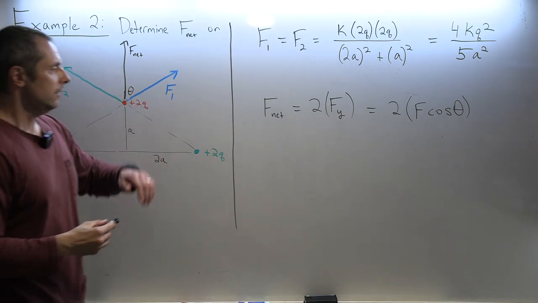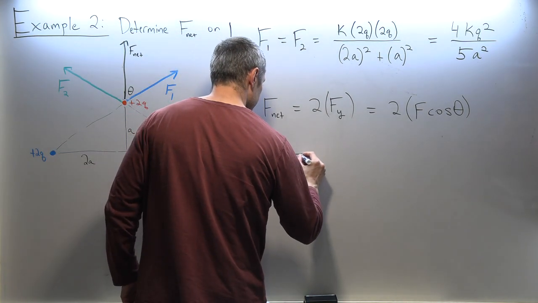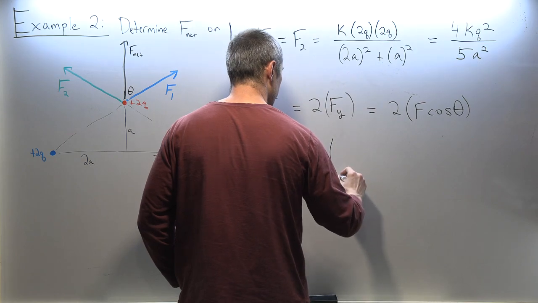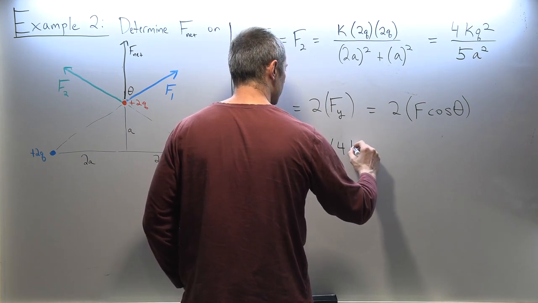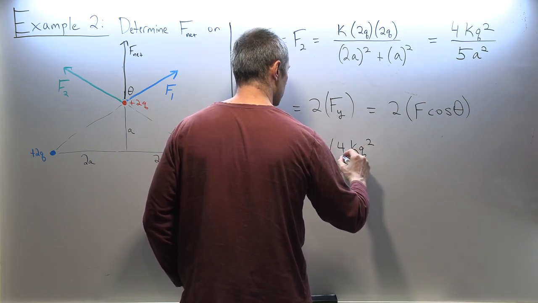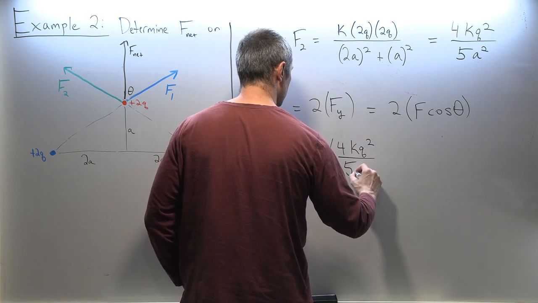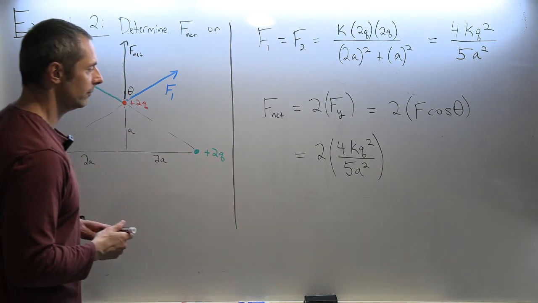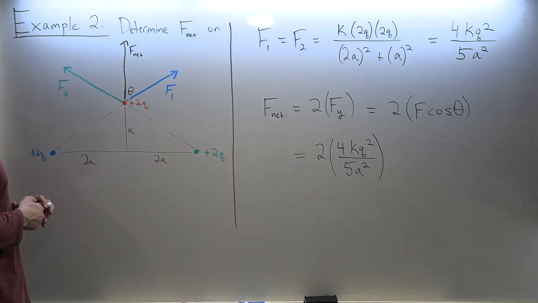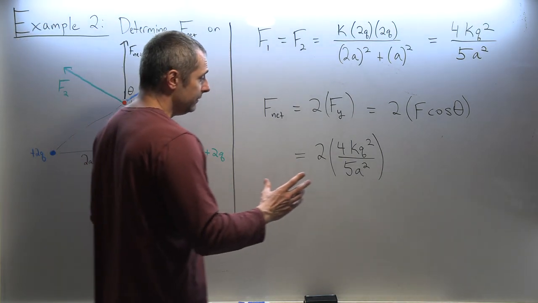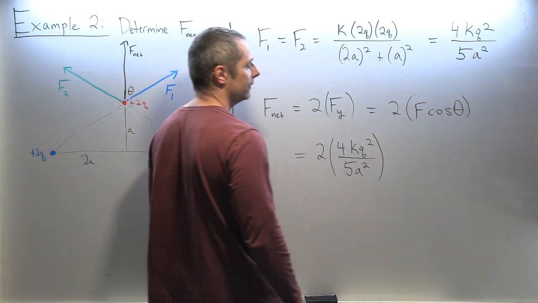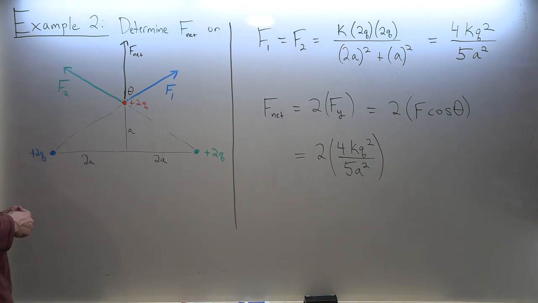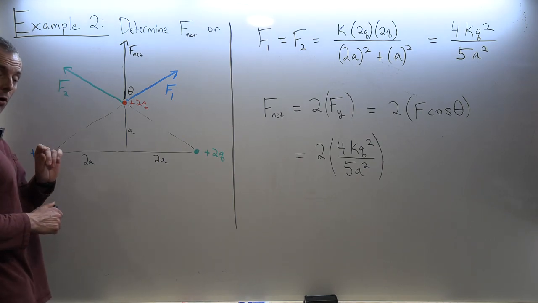Let me fill in the pieces now. So, 2F is there. And a lot of people would be tempted to just write cos theta here. But here's a little trick. This is going to come up all throughout the year.